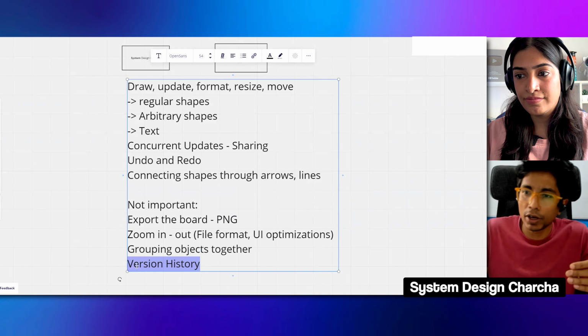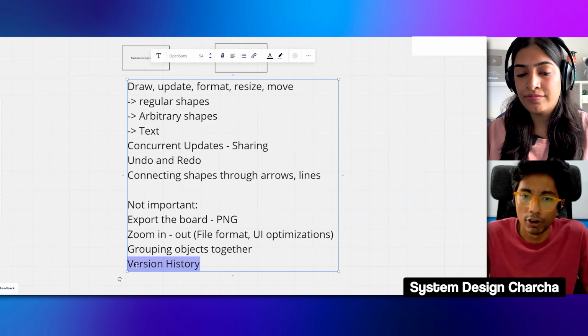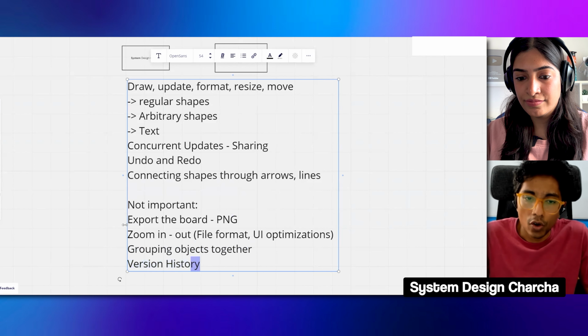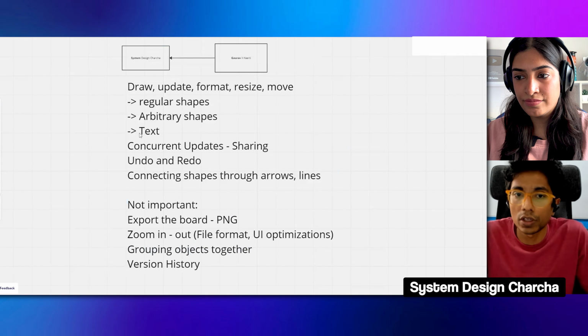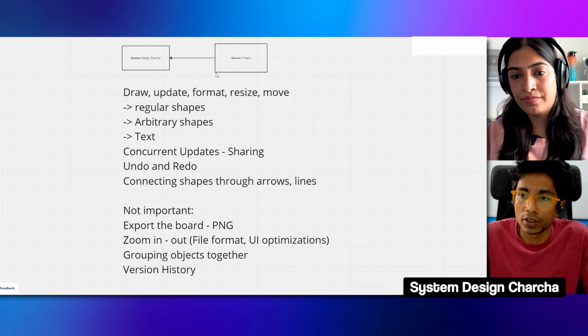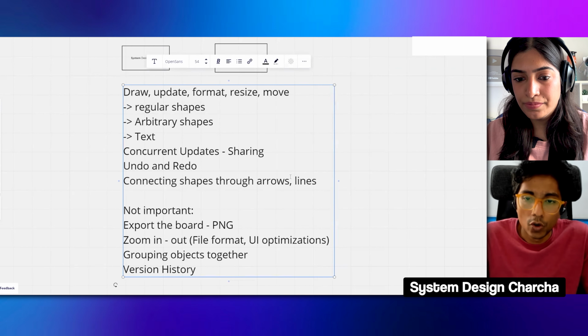So every half an hour, maybe a cron job runs and just stores files. All the changes are condensed into a single file. That can help. So all of this stuff seems to be dependent on how do we store the data? Like how do we store these shapes in our system? The text, the shapes, the colors, everything. Yeah. Yep. Okay.